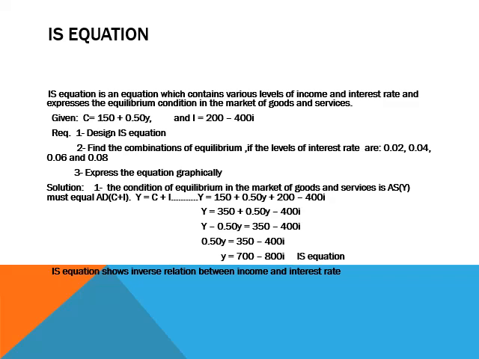So C plus I is a component of aggregate demand, consumption demand and investment demand. So Y equal C plus I. So the substitution of C is 150 plus 0.50 y plus the substitution of I, 200 negative 400 i.